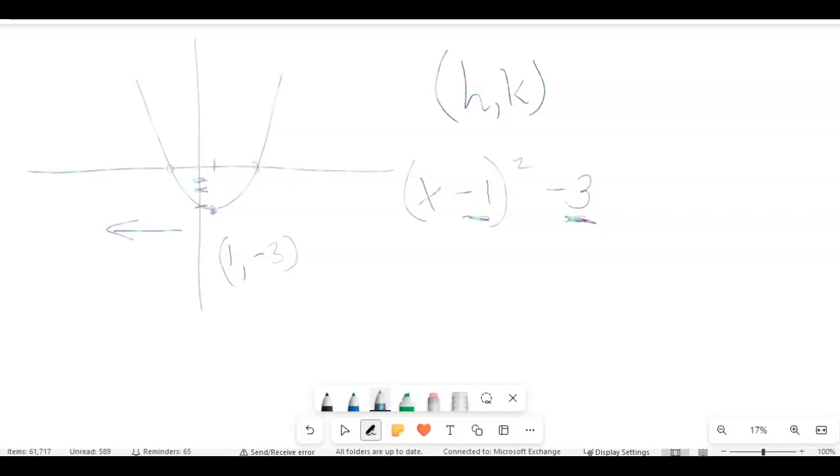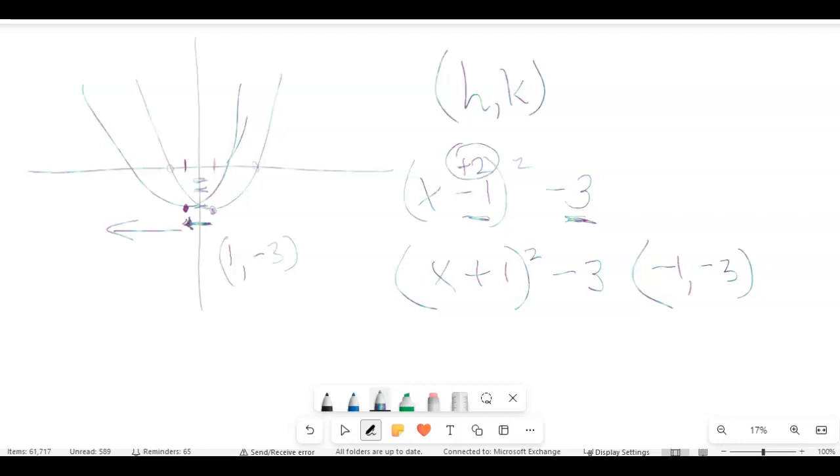Because if I add, let's say I add 2 in here, this now becomes (x plus 1) squared minus 3, which would mean that my vertex is now (-1, -3). And so (-1, -3) would put that here, and then my graph would look like this. So I've now moved over 2 units.